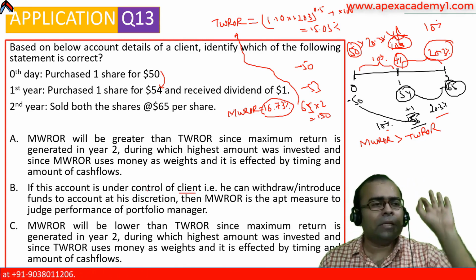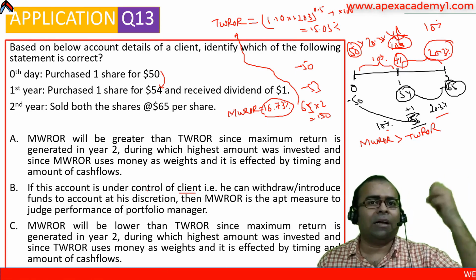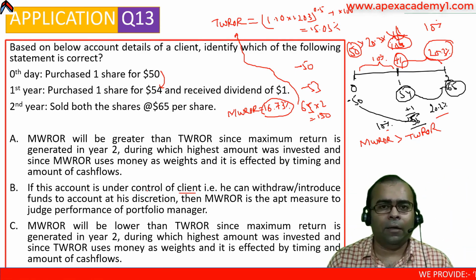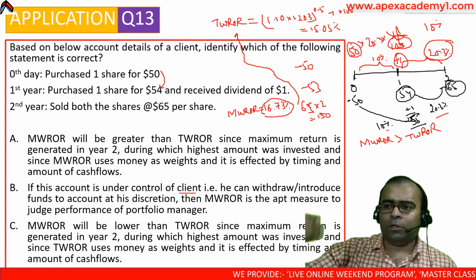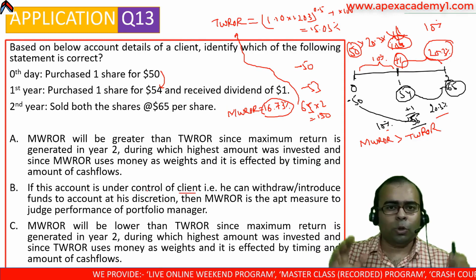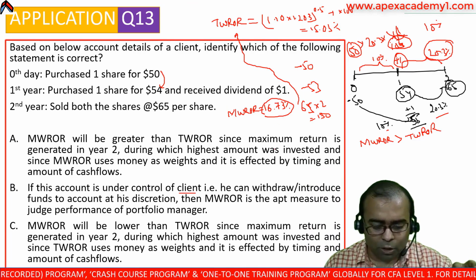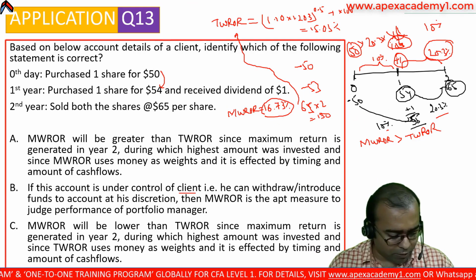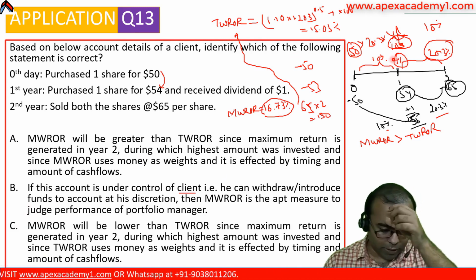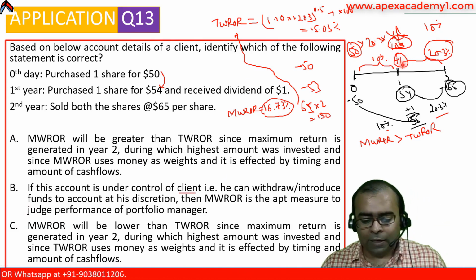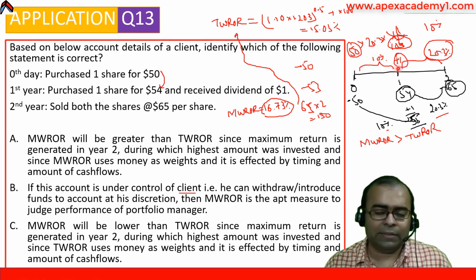Because in maximum cases the timing and amount of cash inflow or outflow from the client account is in the hands of the client. So why penalize an investment manager because of the timing or amount of cash flow that he does not control?